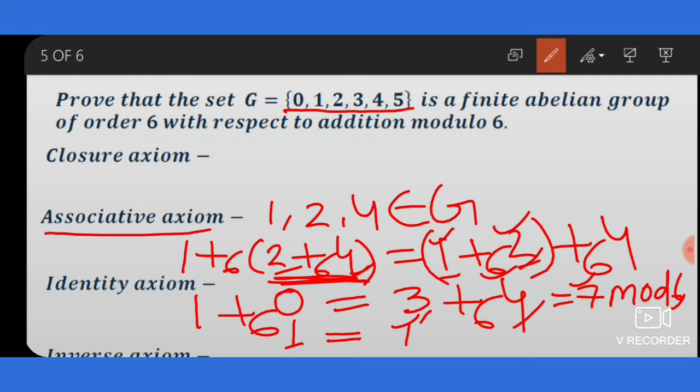So both equal 1, which also belongs to set G for all 1, 2, 4 belonging to G. Now the associative axiom is satisfied.